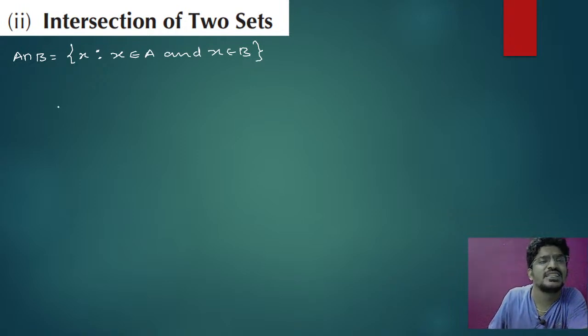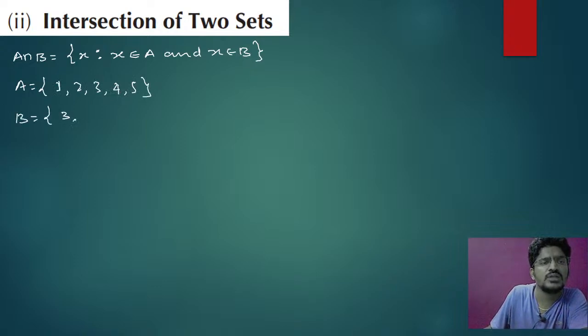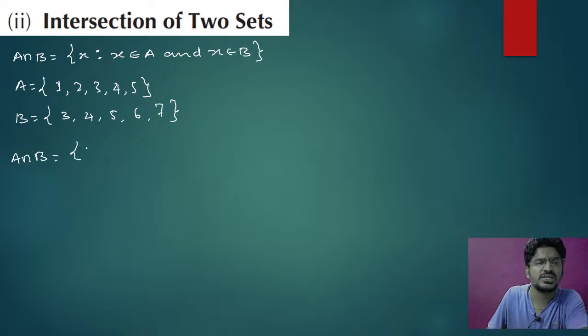Okay. That means you can just see here, if A is equal to {1, 2, 3, 4, 5} and B is equal to {3, 4, 5, 6, 7}, what is A intersection B? See here, what are the common elements? 3, 4, 5.